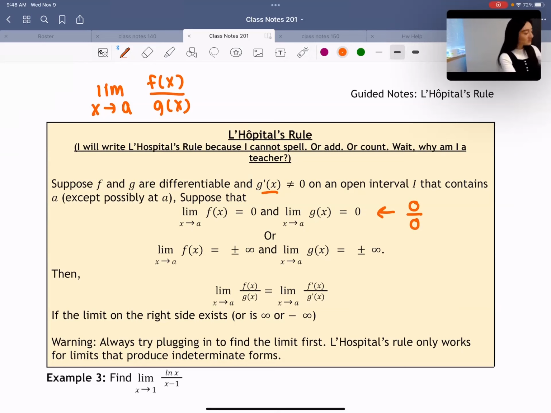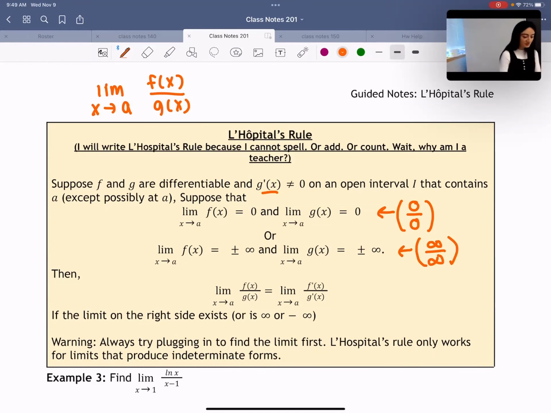That's all this is saying. This line is saying I have a 0 over 0 type indeterminate form. This one is saying the limit of the top and the limit of the bottom are both infinity, plus or minus. So what this is telling me is I get an infinity over infinity type limit. So if you plug in and get either 0 over 0 or infinity over infinity, L'Hopital's rule works.